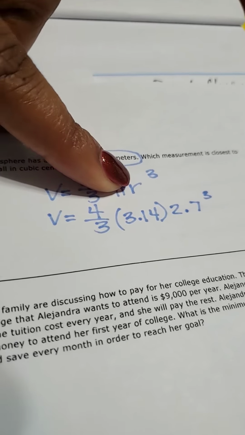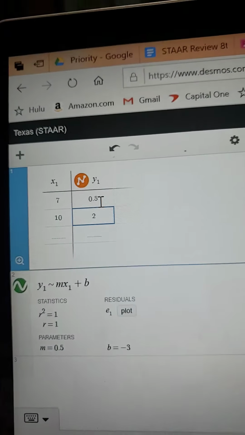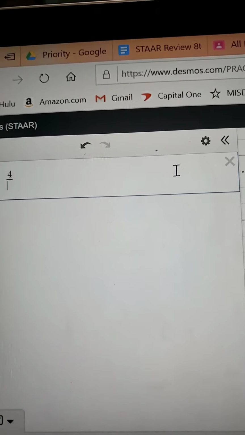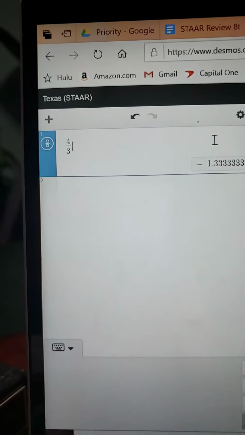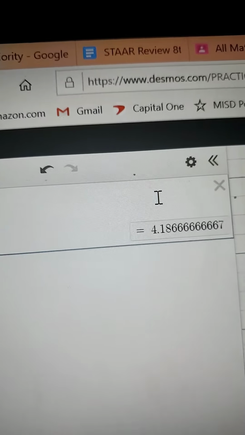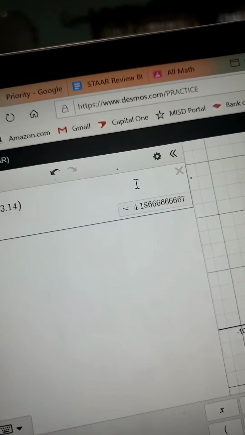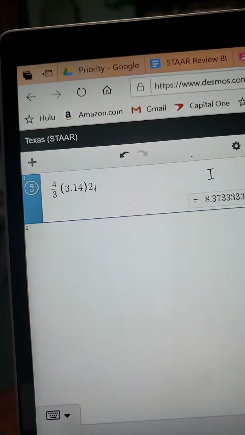So let's go straight to Desmos because, again, it's a calculator. So here we go. Clear and clear. And let's type this in. 4 divided by 3, parentheses, pi, 3.14, close my parentheses, times 2.7.